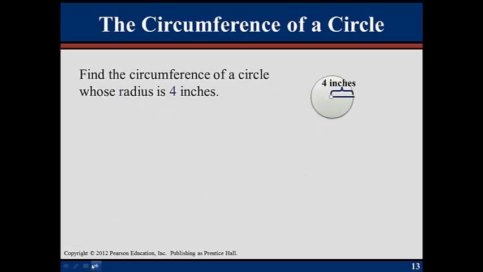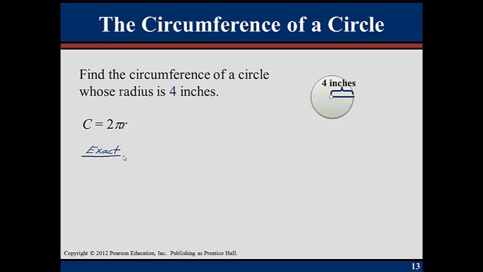So here's an example. It says find the circumference of a circle whose radius is 4. Now because they gave us radius, we're going to use the formula that has radius in it. So C, circumference, equals 2 pi times the radius. So let's first start with the exact answer.